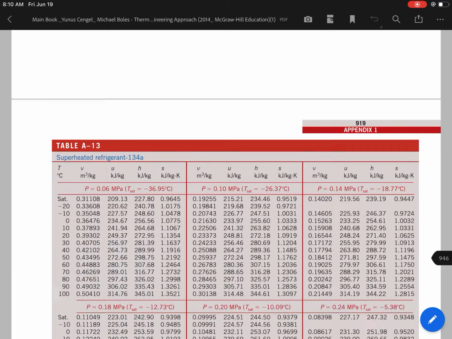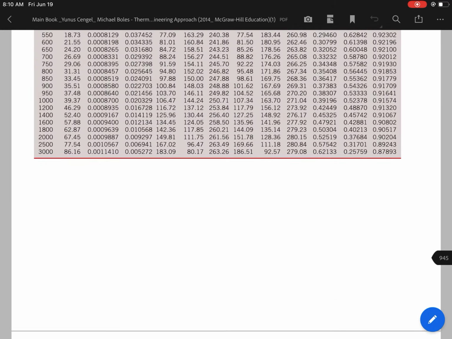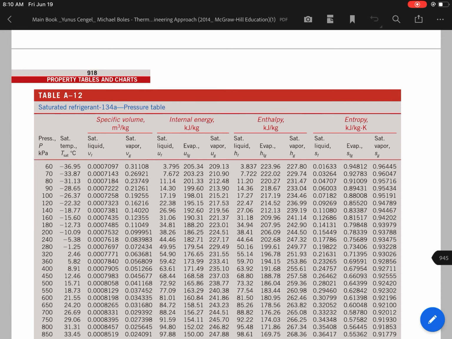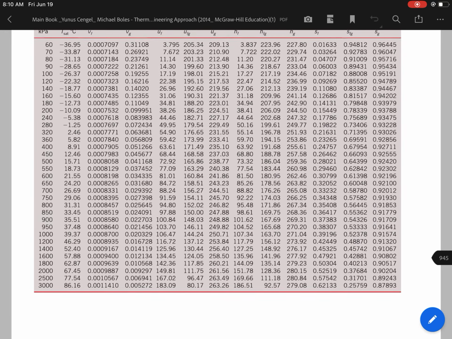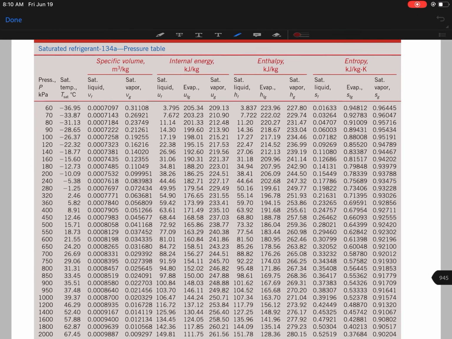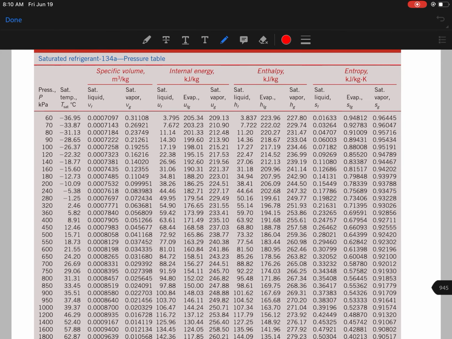This is the saturated refrigerant table, and our pressure was 100 kilopascal. At that 100 kilopascal pressure, we need to get the values of the enthalpy, hf, hfg, and hg. And also we have to get the entropy value. So basically we'll record all of that information along this line, which I already did.